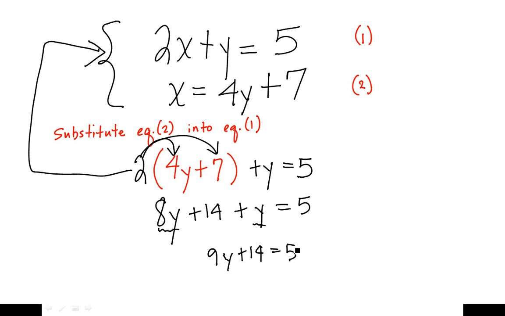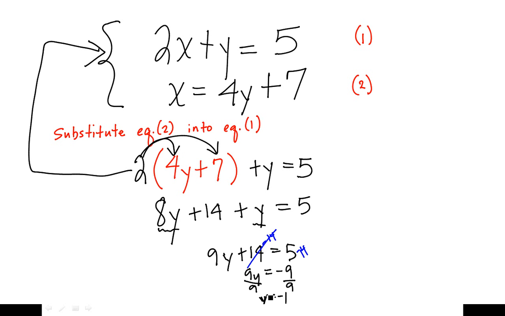Then you will subtract 14 from both sides. That cancels. Therefore, we have 9y equals negative 9. Divide by 9 and get y equals negative 1. So right now we have the answer for y, but we also need the answer for x.